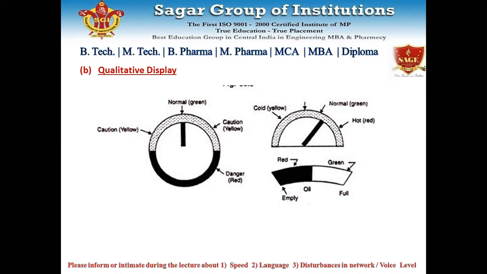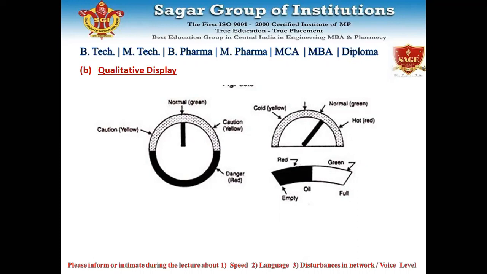So this kind of display, the qualitative display, provides information about a limited number of discrete states, that is, very limited information about different states.